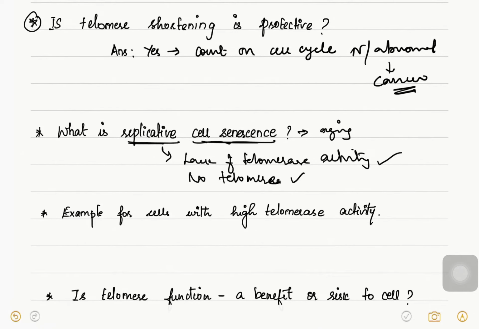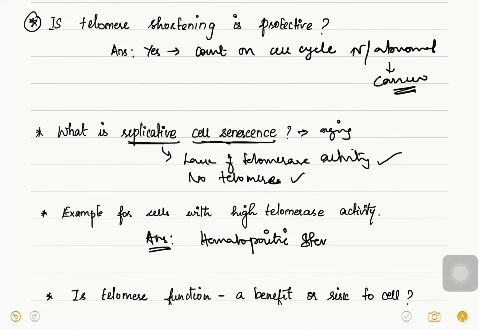Can you give me an example of cells with high telomerase activity? Any one example? The answer is hematopoietic stem cells, because our RBC and WBC are continuously produced in our body, in our bone marrow.